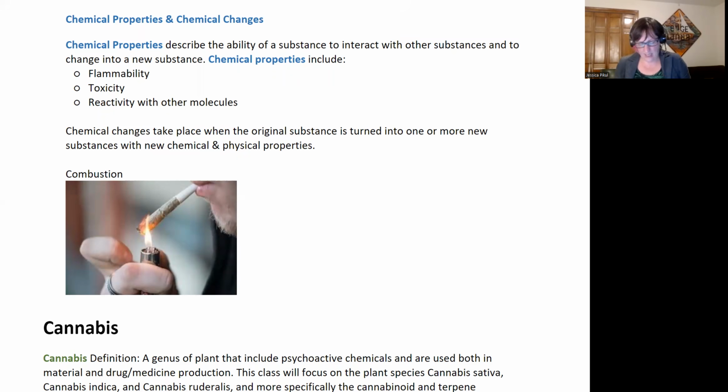Some of the chemical properties that we can observe include flammability, like how easy is it to light on fire. Toxicity, like how it will affect, interact and change with a human or animal body or a plant. And its general reactivity to other molecules.